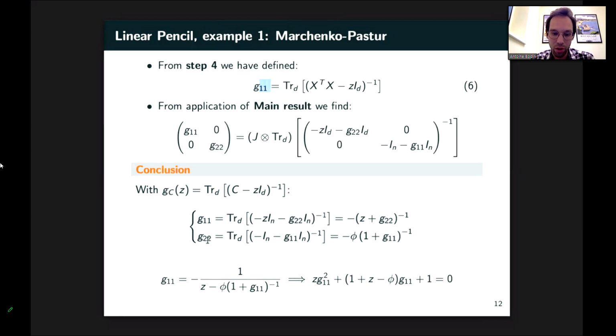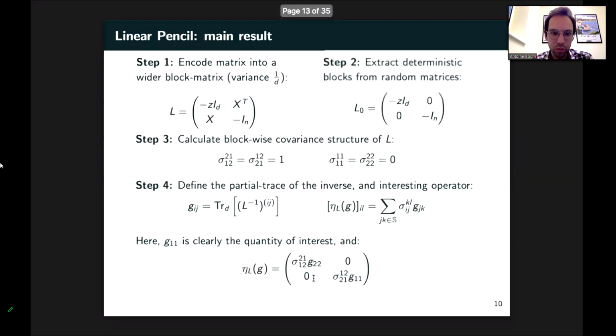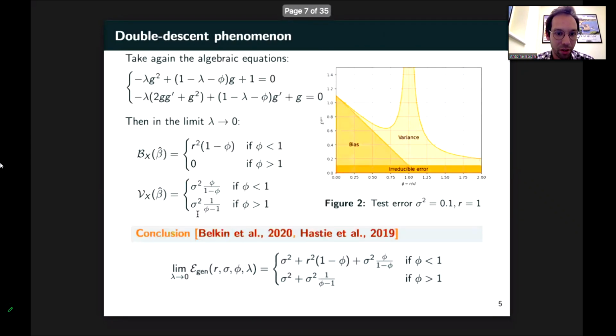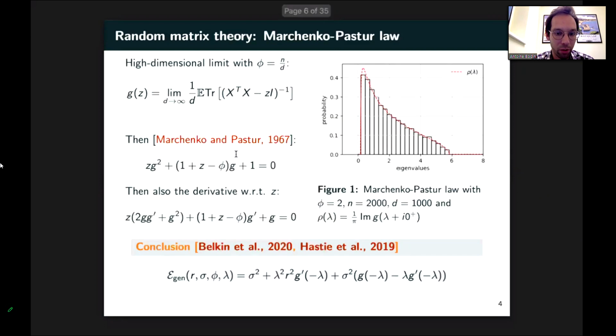So you plug the expression of J22 into the expression of J11, you rearrange all the terms, and what you get back is precisely the Marchenko-Pastur expression that we have seen earlier, the one that we have been playing around with here.